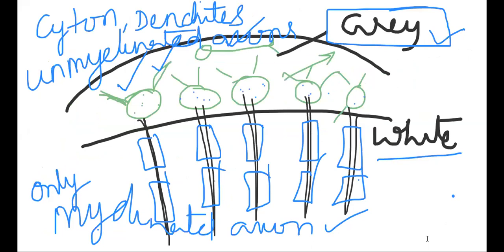Based on that we framed some sentences: the gray matter of the brain or spinal cord contains cyton, dendrites and, if present, unmyelinated axons. When we declare a place of the brain or spinal cord as white matter, it will have only myelinated axons.